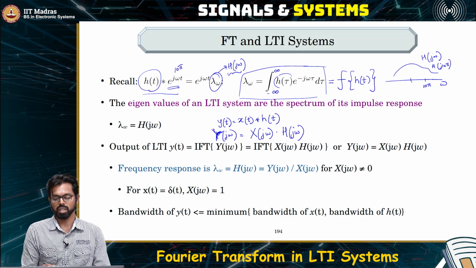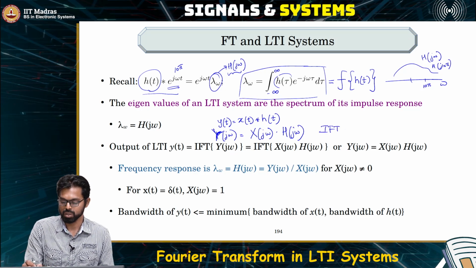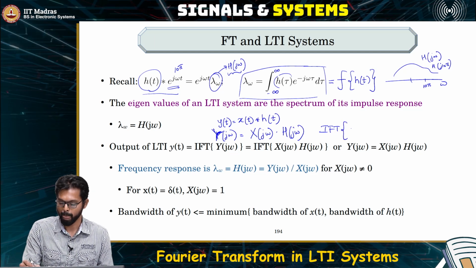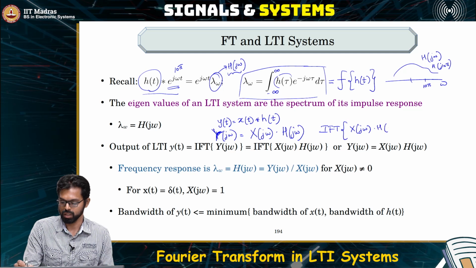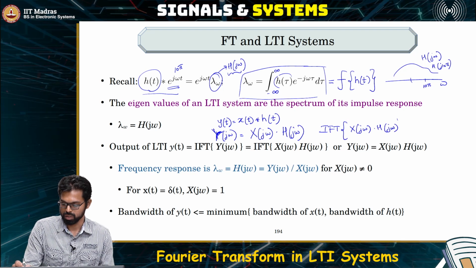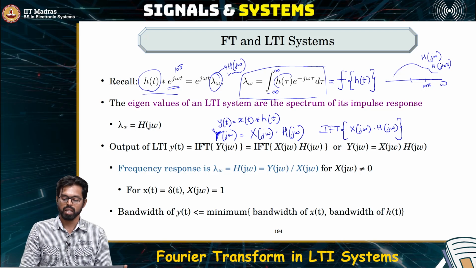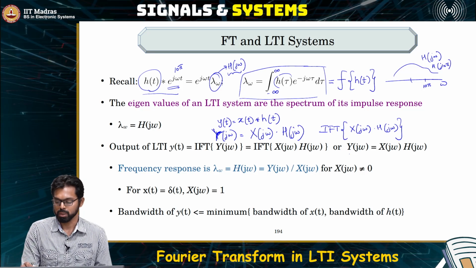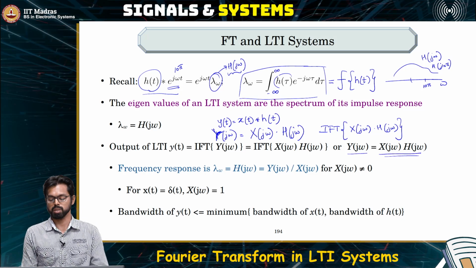Now I can find the output in the time domain by taking the inverse Fourier transform of x of j omega times h of j omega. So the output in the spectral domain is simply the product of the input spectrum and the impulse response spectrum.